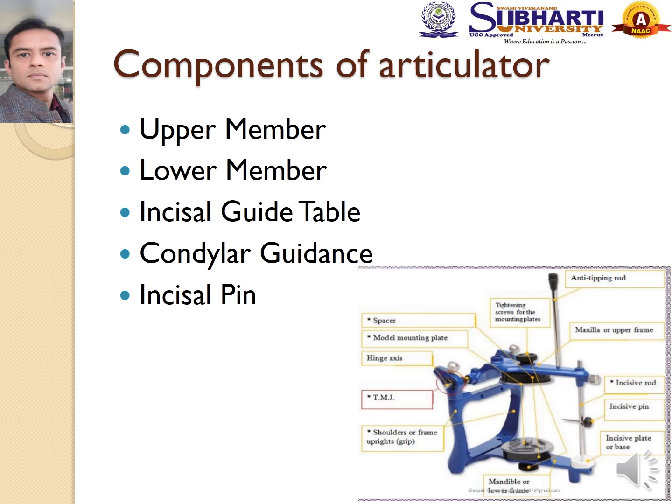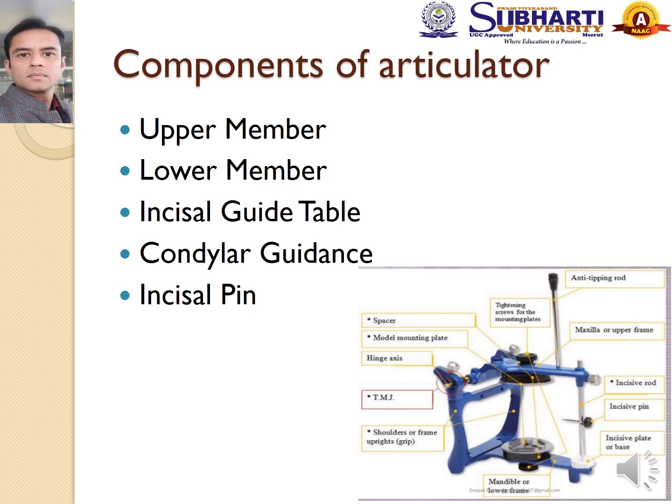Now we have the incisal guide table, which is completely flat in non-adjustable articulators, or class 1, that is slab articulators. Only vertical opening was present. In mean value we have certain dimensions which we will read afterwards.